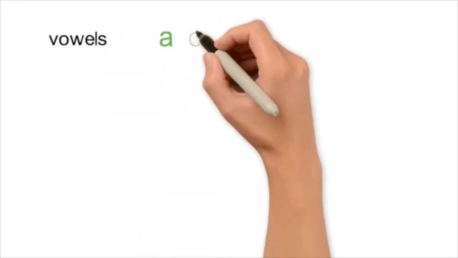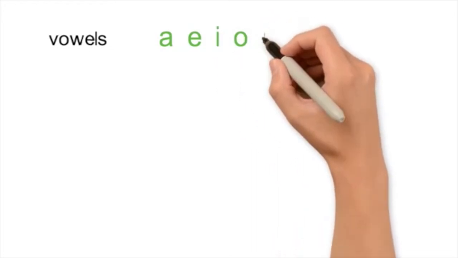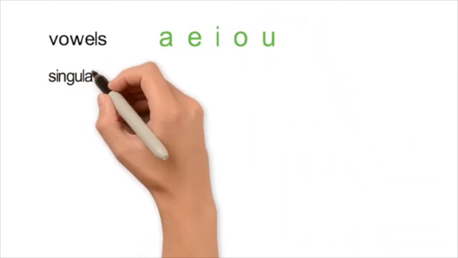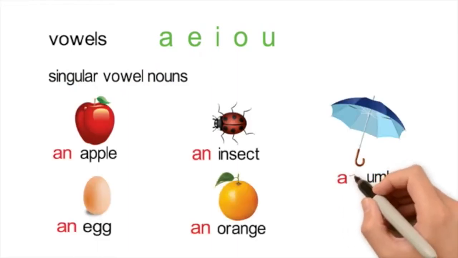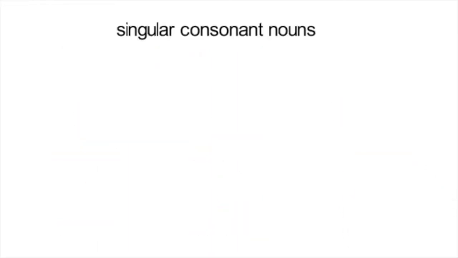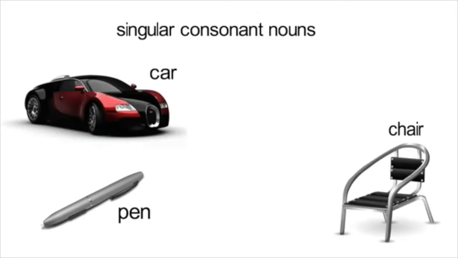If a noun begins with a vowel, which is A, E, I, O, or U, then a singular noun often has an in front of it. But if it begins with a consonant, then it has an a in front of it.